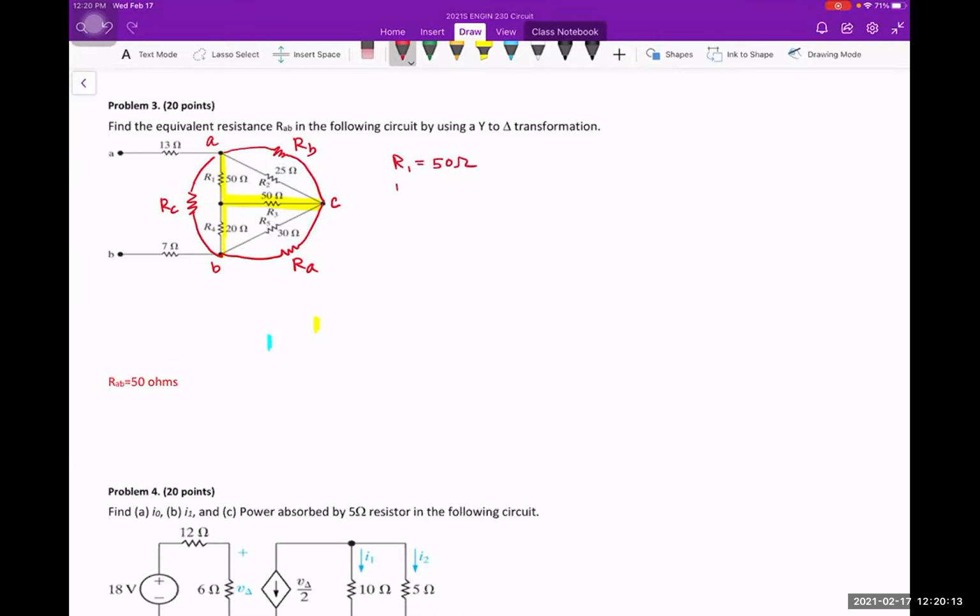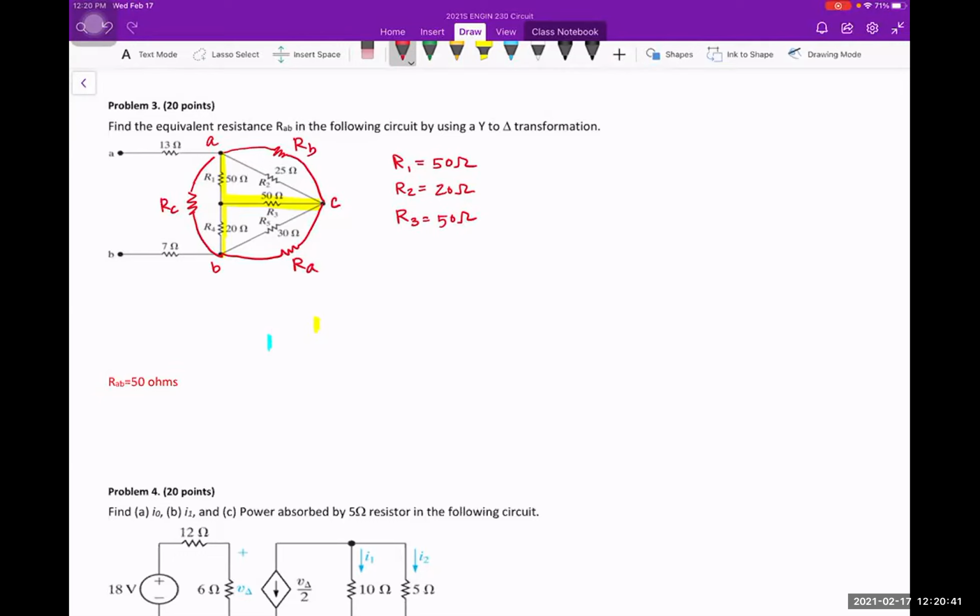My R2 is the one connected to node B, which is the R4 in this picture, which is 20 ohm. My R3 is the one connected to C, which is 50 ohm. So now you have these 3, and you have this configuration, and you can find out RA, RB, and RC.